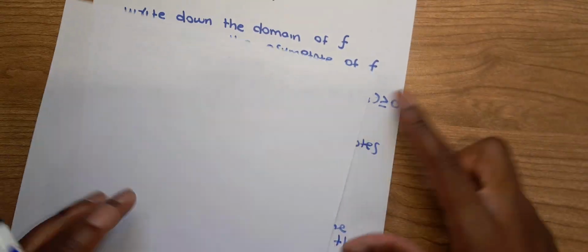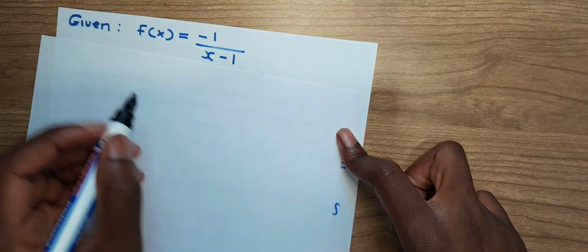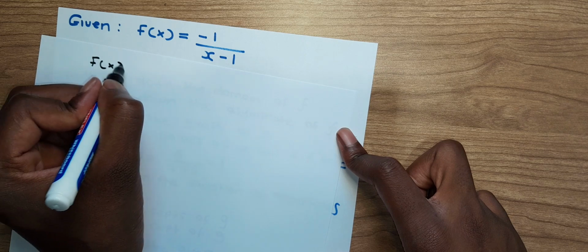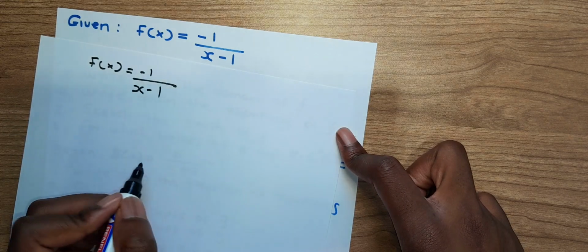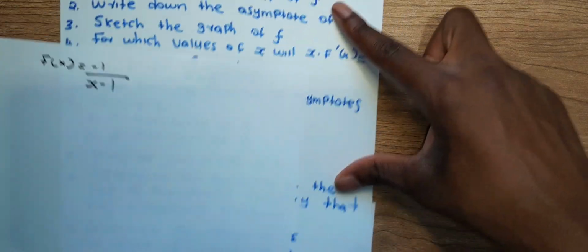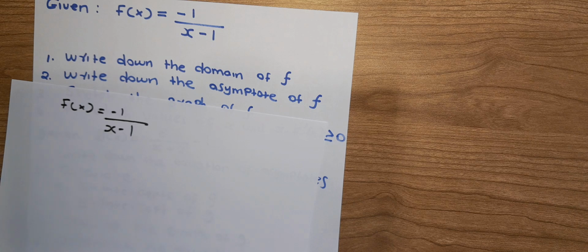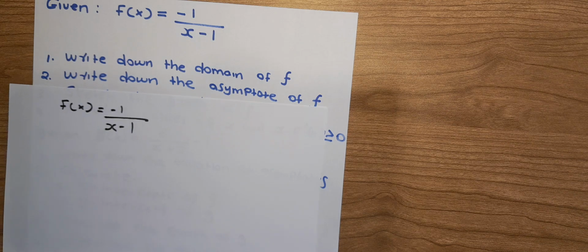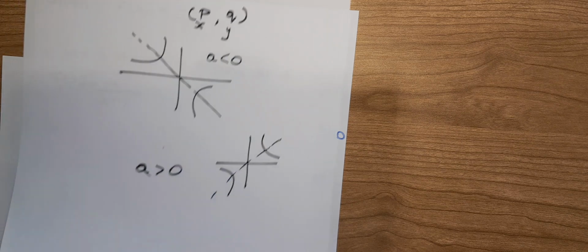Now we're given this one. Let's just start. We're given f(x) = negative, let me just copy it, f(x) = a/(x - 1). The question says write down the domain of f. Now remember, we've got the range and the domain.